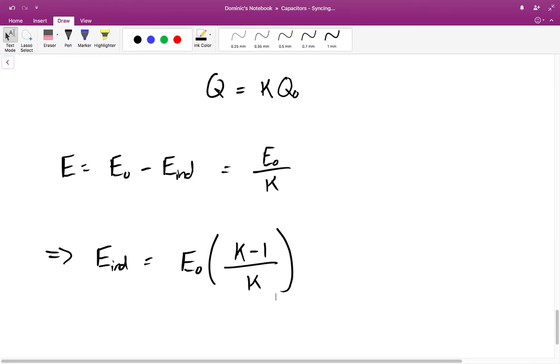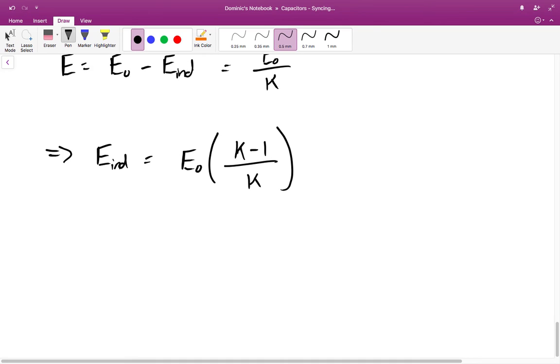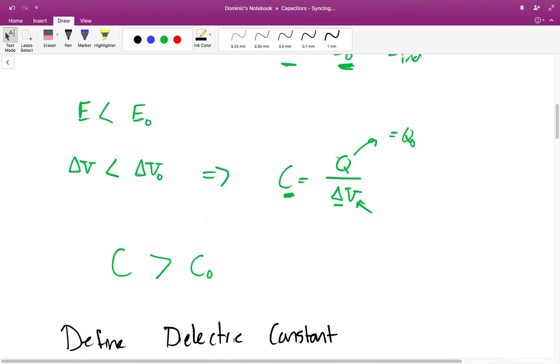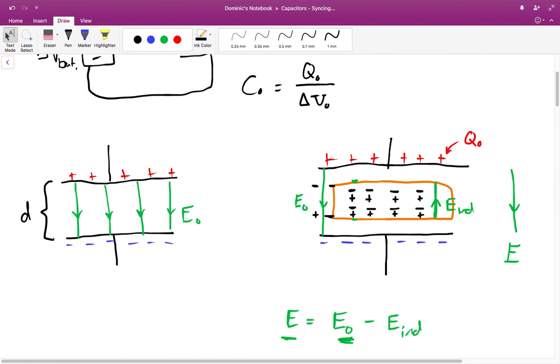And then another useful relationship is the induced surface charge density. Looking at this dielectric, it's as if the top part has some kind of negative charge and the bottom has a positive charge.